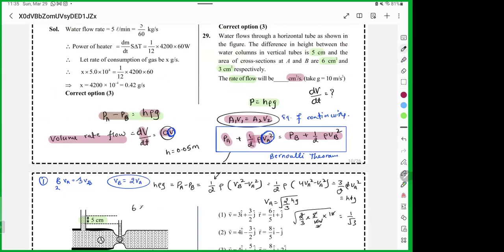Okay, so 6 into what is the velocity? Velocity is 1 under root 3. But if you take it in centimeter, you will get this. Any doubt, guys? Done. Everybody understood? Should I explain this again?